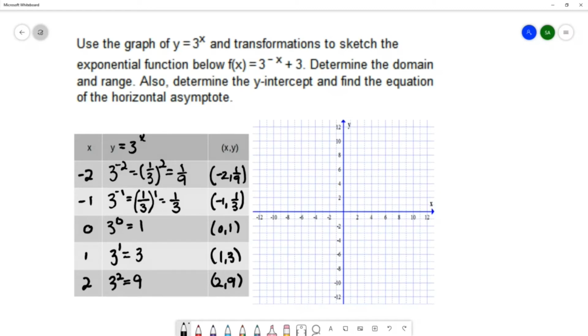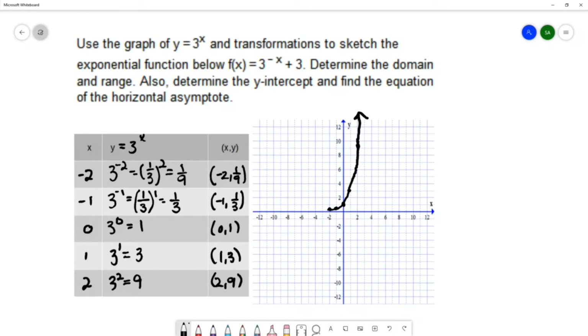So -2 and 1/9 would be really close to 0 for the y part, -1 and 1/3, and 0, 1, 1, 3, and 2, 9. These points connect with each other in a very smooth curve, and we can follow the pattern of what's happening. If we continue to choose larger x values, the y values become larger.